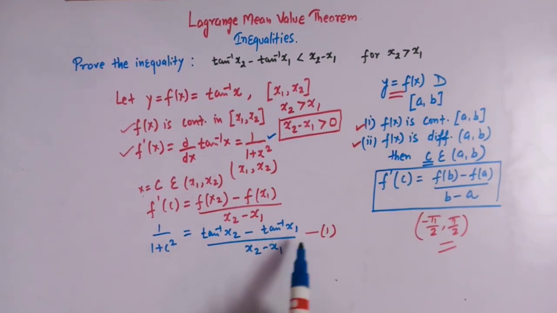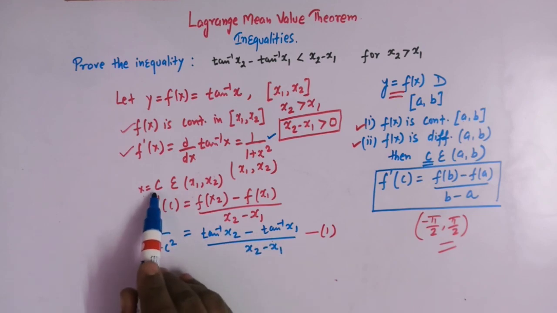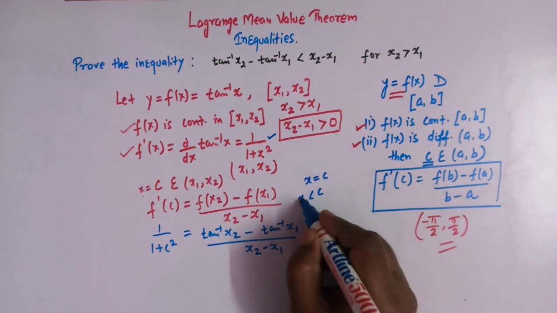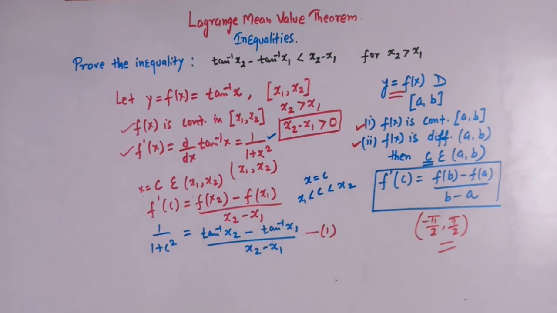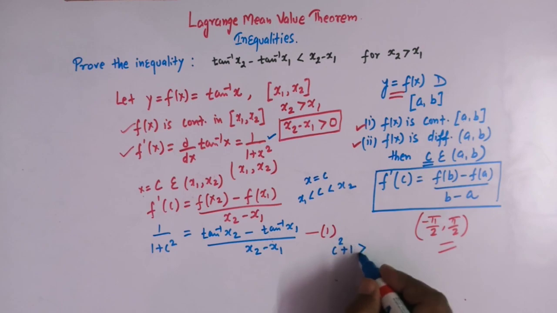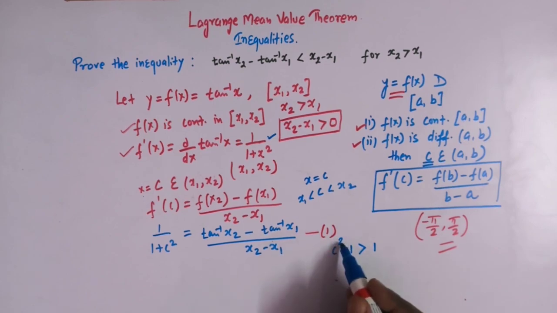So what we will do is make use of this result, right? See here, this point x is equal to c lies between x1 and x2, right? And here, the expression for f prime of c is 1 over 1 plus c square, and we see that c square plus 1 is greater than 1, because c square is always a positive quantity.